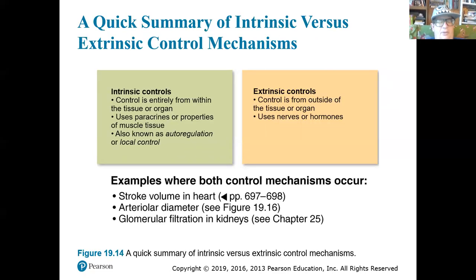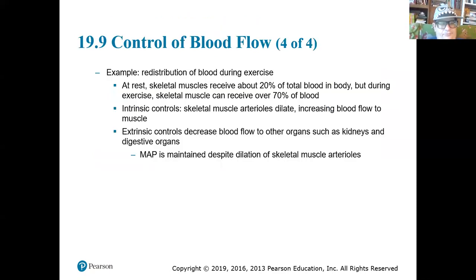Why? Because you have an afferent arteriole delivering blood to the glomerulus and an efferent arteriole draining blood away from the glomerulus. Anyway, and you can control the diameter of those arterioles.